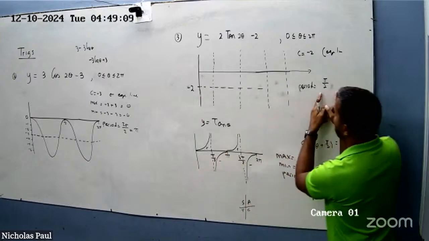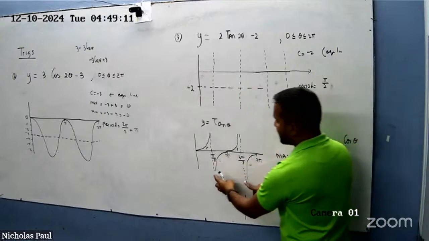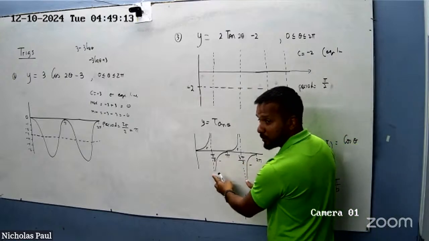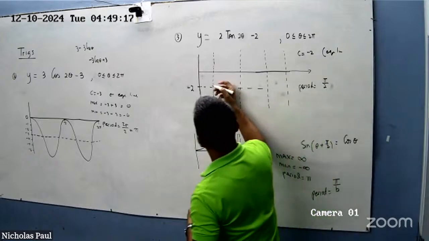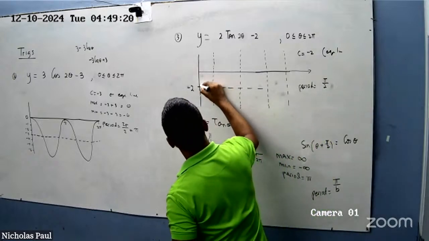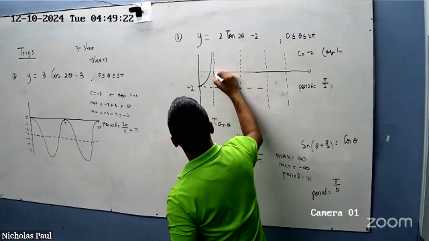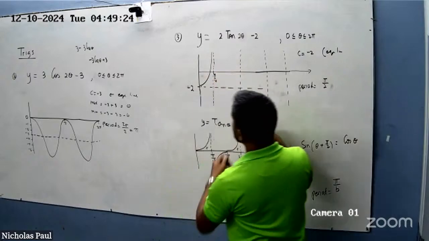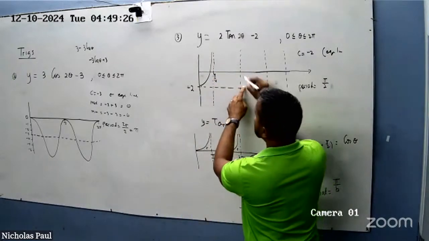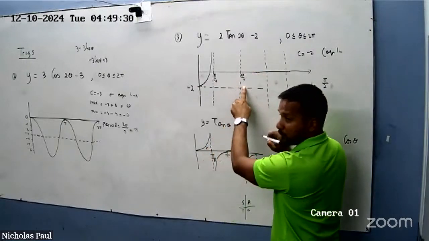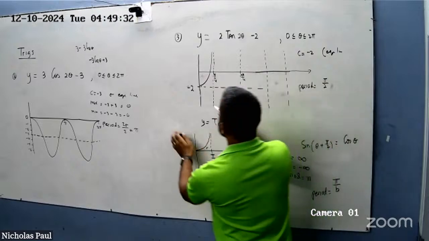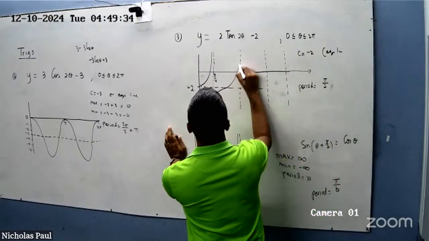But now the period is pi on 2, so here to here will be pi on 4. So it will look like this. Here to here is pi on 4, here to here is pi on 2, so I have to write 3 pi on 4.